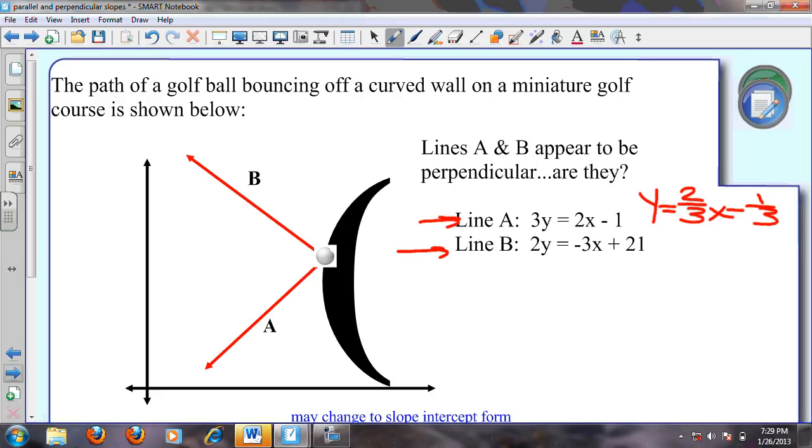How about line B? y equals -3/2 x plus 10.5. Are their slopes the reciprocals of each other? And is one positive and one negative? Yes. So then we have right here a 90-degree angle because they are perpendicular.